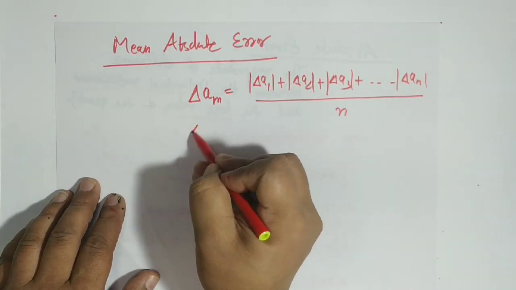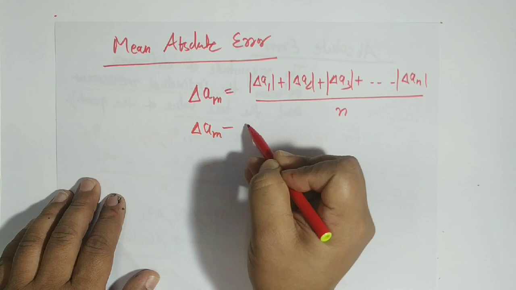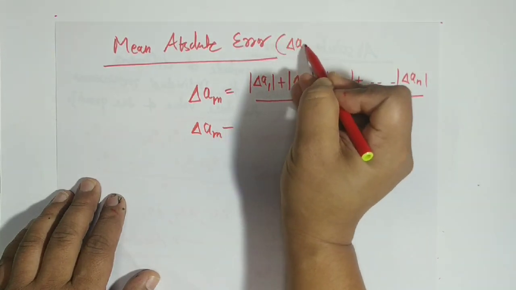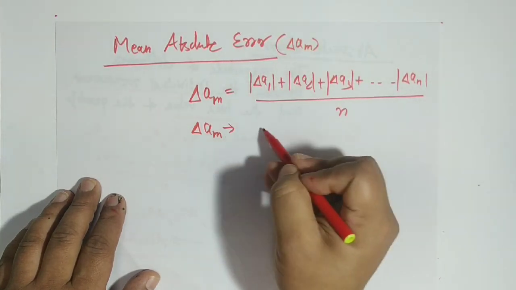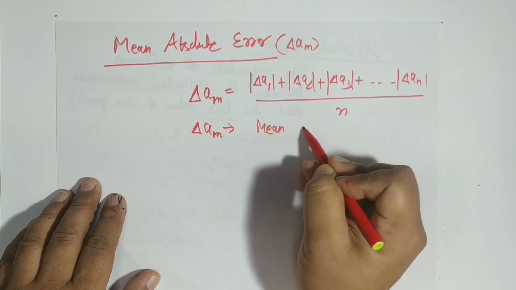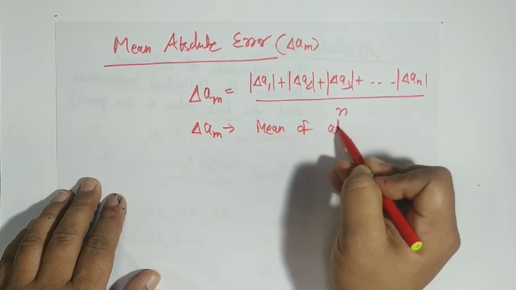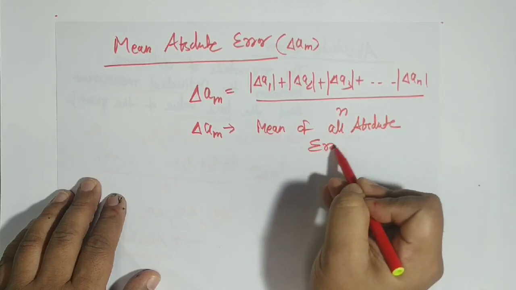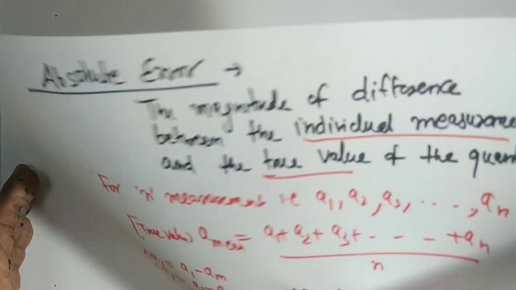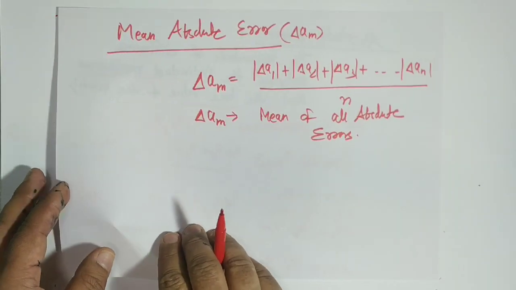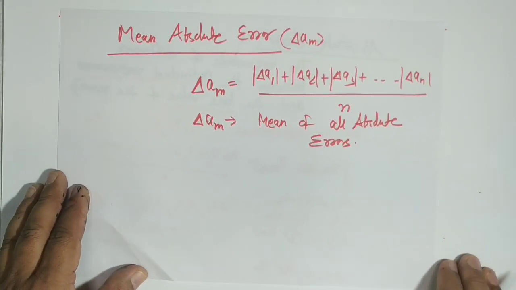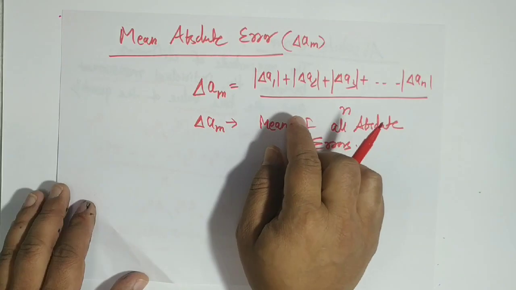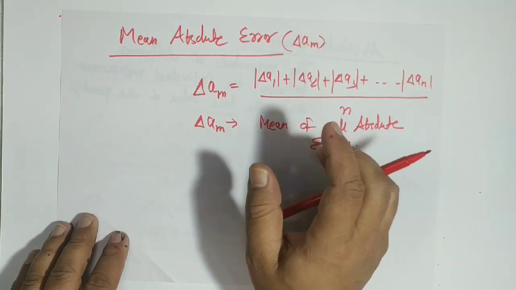So this delta a mean is actually the mean absolute error. It is the mean of all absolute errors. It will be taken in mod because some errors are negative and some are positive.